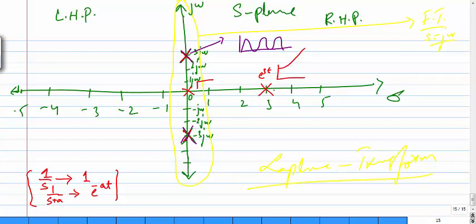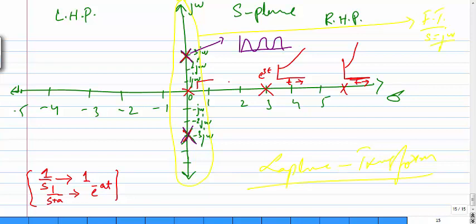If we move further, for example if I am here, this growth is rapid, meaning you will find much faster growth in the response as you move further away from the origin. So this is my origin.